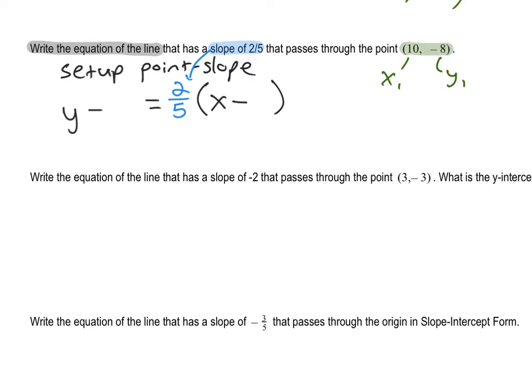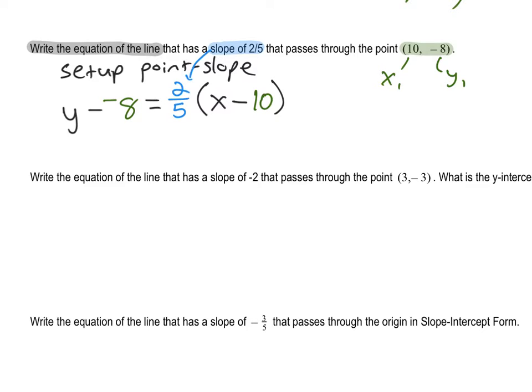So remember, y's go with y's and x's go with x's. So I'm going to put this -8 right here. So it becomes y minus -8. We'll take care of that in a second. The other part of it is our x value. We're given the x value here of 10. That's going to go inside with our x right there.